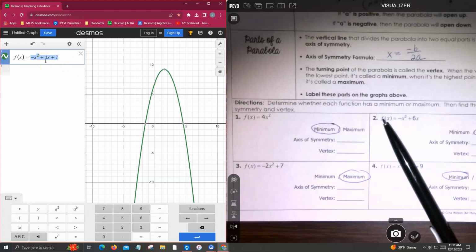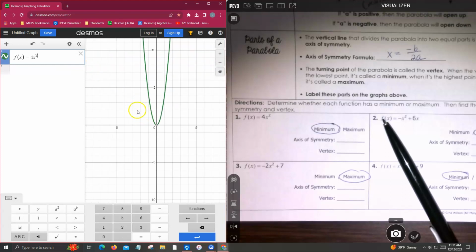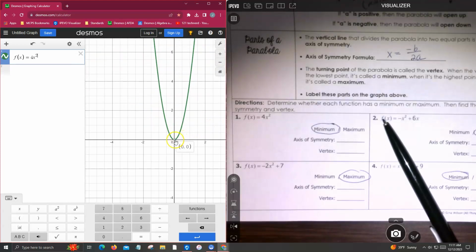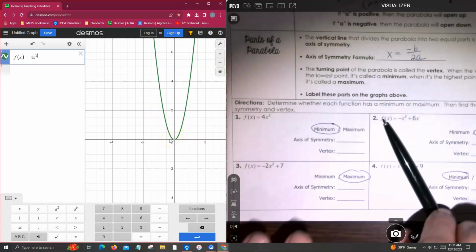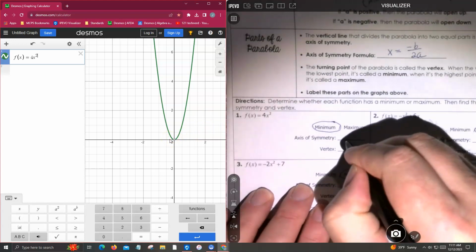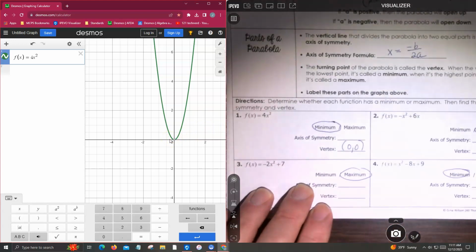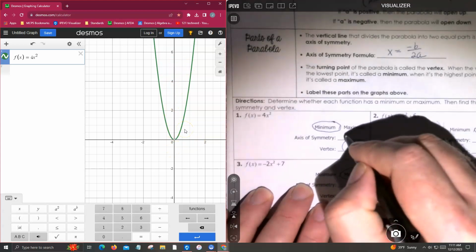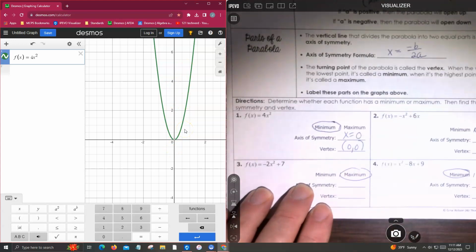This is 4x squared. All right, so it looks like to me that 0, 0 is my vertex. Okay, lowest point, 0, 0. And then my axis of symmetry is basically the y-axis, so x is equal to 0.